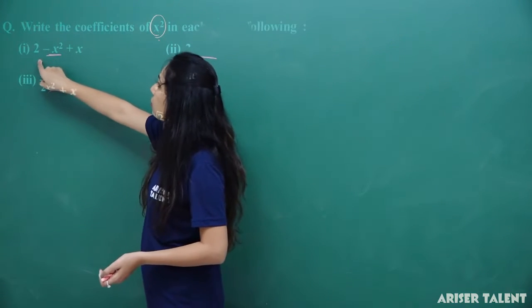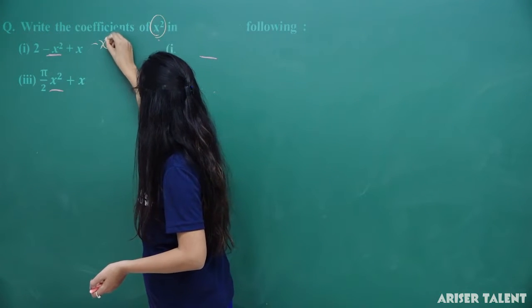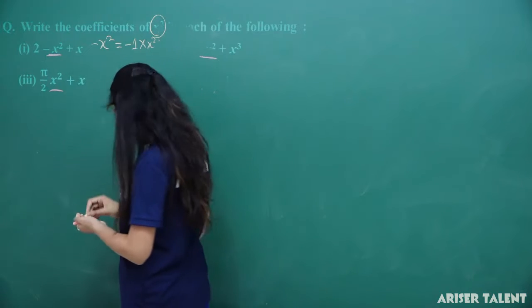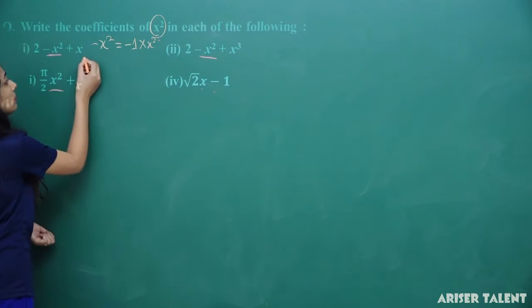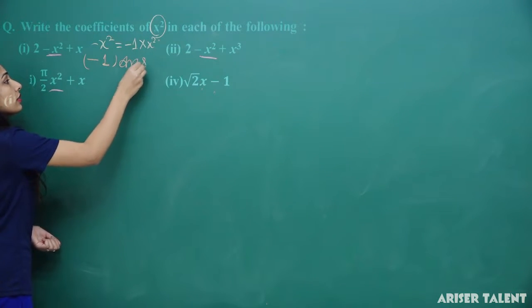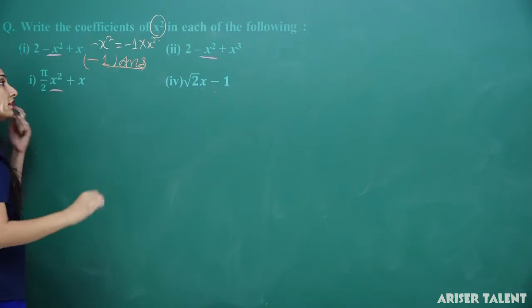Now I am having this 2 minus x square plus 1. Now minus x square equals minus 1 multiplied by x square. So the answer will be minus 1, because the coefficient of x square is minus 1.